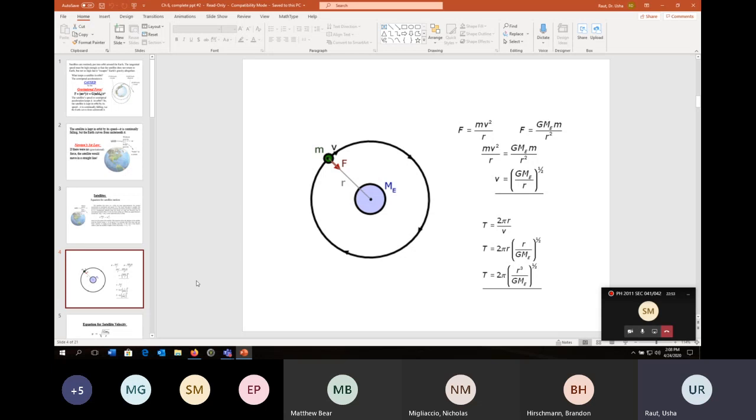So you should be able to solve for the period if you just knew the radius of the orbit. That's all you need, because once you have the radius of the orbit at which it's supposed to be launched, you can find the orbital velocity and therefore the period of the satellite.